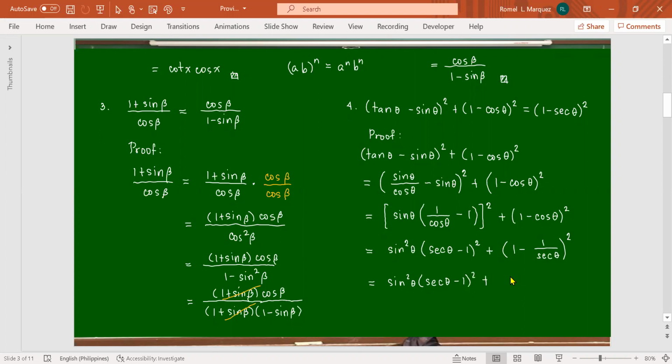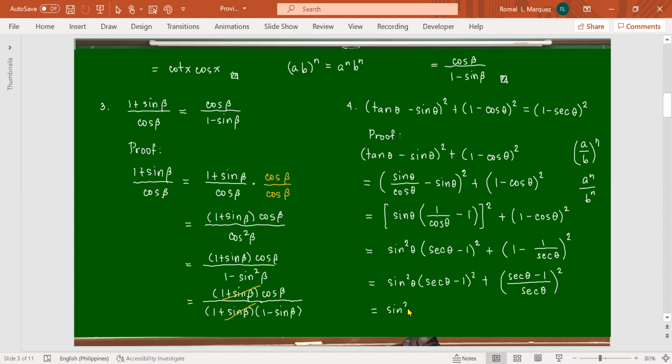What's the LCD? Secant. So we have now secant theta minus 1 all over secant theta, then quantity squared. If you have A over B and that is raised to n, I can have it A to the n over B to the n from one of the laws of exponent.